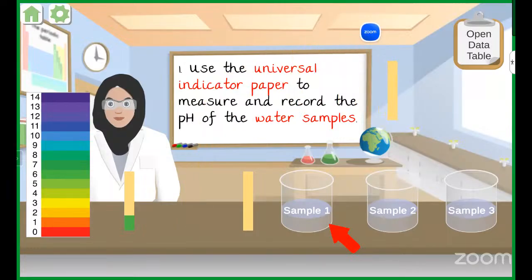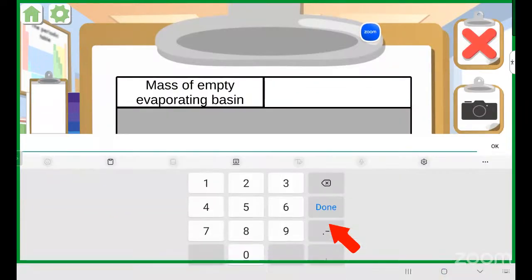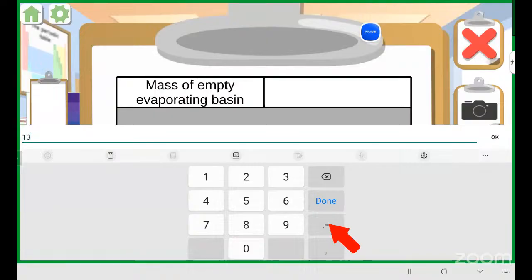I'm going to insert the indicator in sample 2. I want you to observe clearly again and tell me its pH. 13. Okay, all right. Did I say 13 for water sample 2? 13.